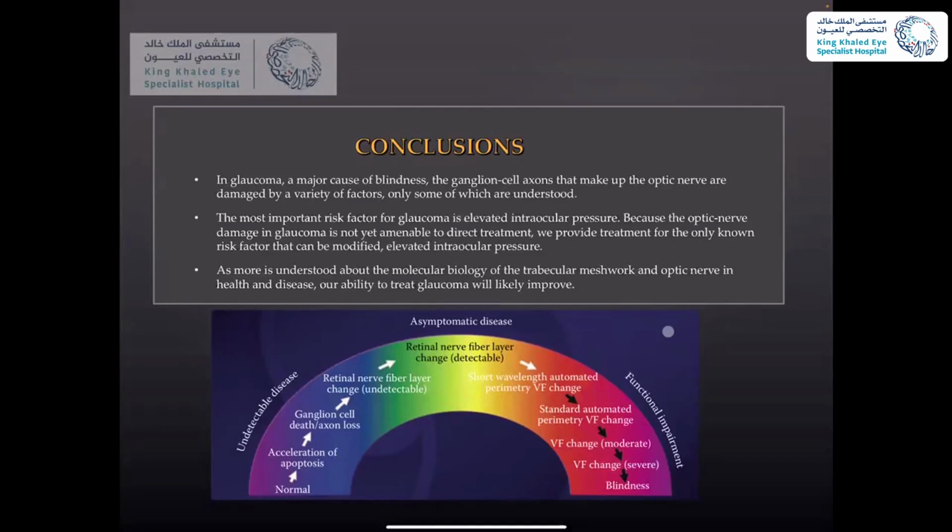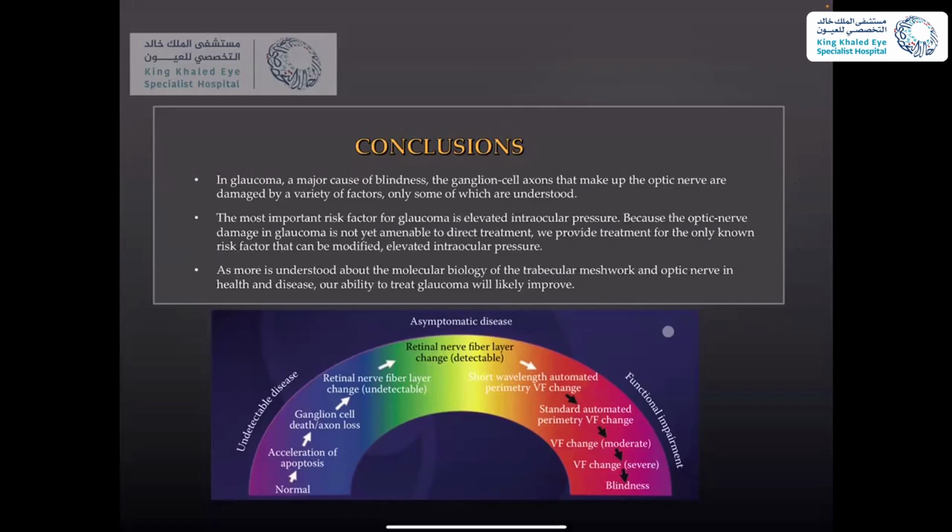And this gives us a hint that if we were able to know more about the early beginning of glaucoma damage or glaucoma changes, we could start from early on in the glaucoma stages, which will cure and will have less nerve fiber layer loss before we get to the end-stage visual field damage.